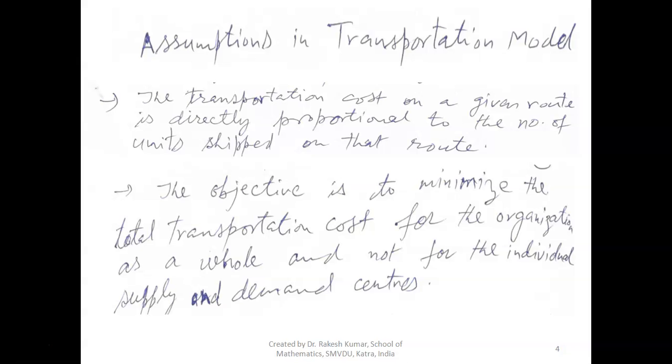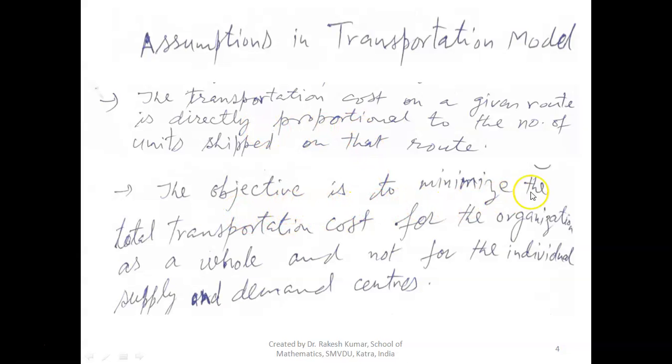on that route. What does this mean, directly proportional? Means if the cost of transporting one unit is rupees 10 on a particular route and we transport suppose 20 units, then it will directly be multiplied with that per unit cost, that is 10, and so the total cost now would be 200 rupees, right? So that means proportionality.